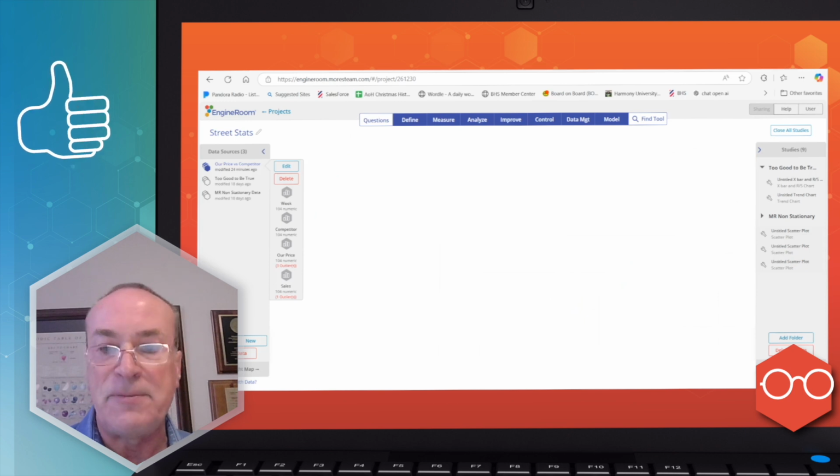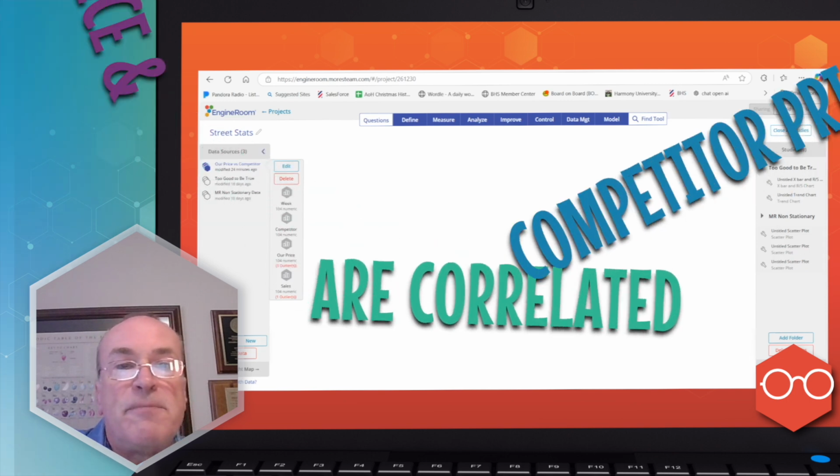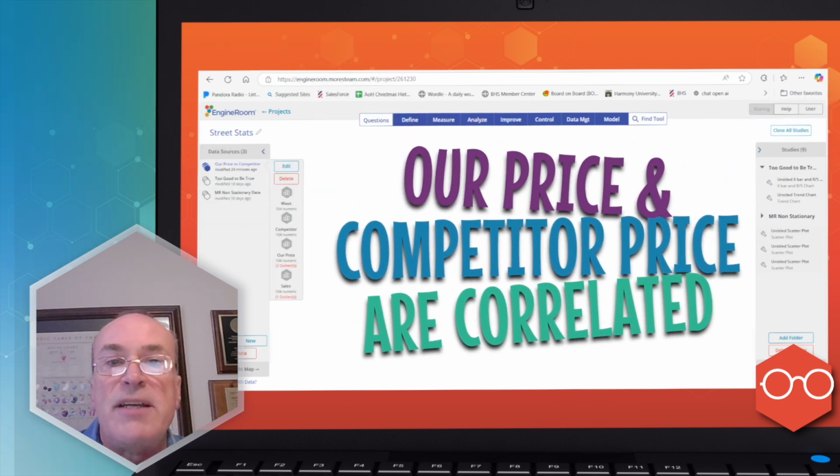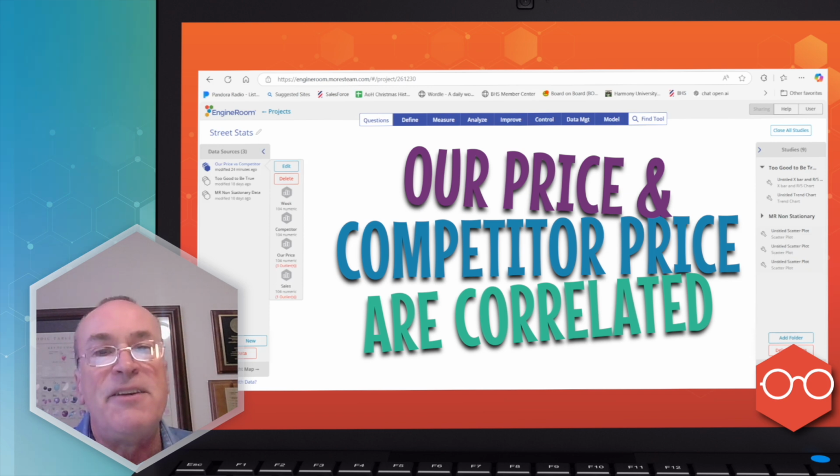That all makes sense. So now, it turns out that our Bud Light pricing and our competitor's pricing are correlated. It might be cause and effect, but it probably is not direct cause and effect. And maybe another time we'll dive into that subtlety. But for today, we're going to recognize that they are correlated.